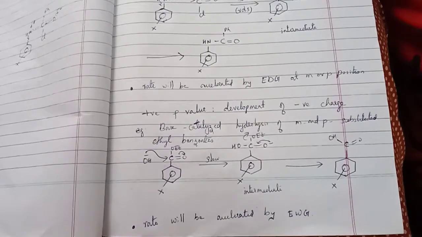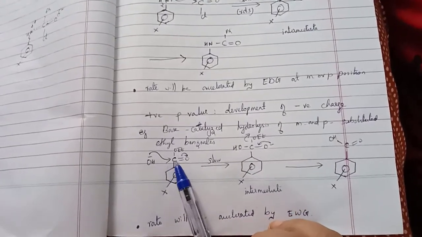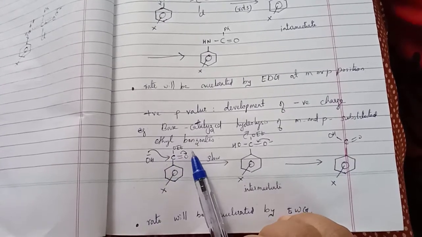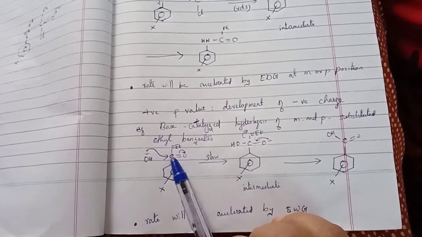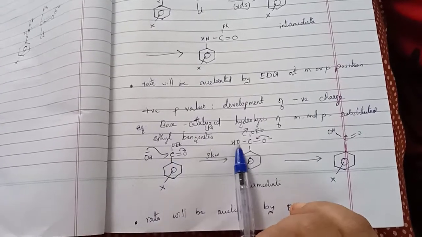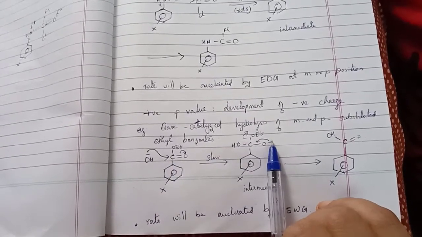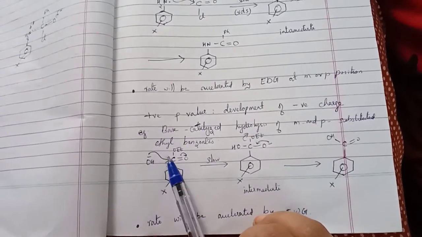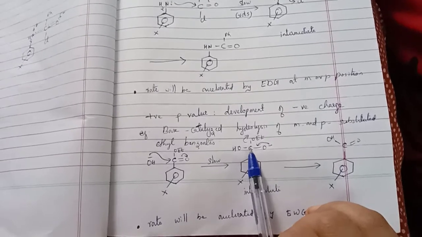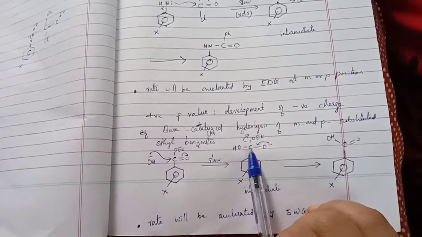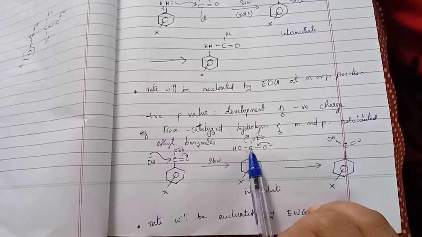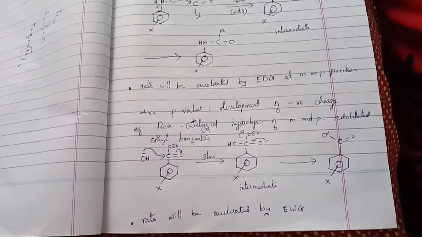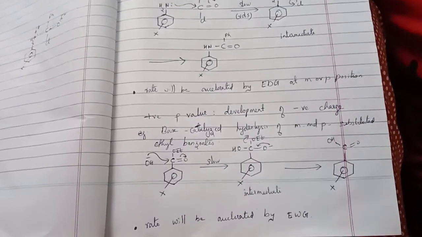One is, we are not considering transition state. Here carbonyl carbon is having delta positive charge, carbonyl oxygen having delta negative charge. So when it comes to intermediate, OH minus attacks the carbon, oxygen is getting full negative charge. That means this carbon is neutral. That means delta positive charge diminishes to neutral, 0. Diminishing of positive charge means a development of negative charge. That is positive rho value.